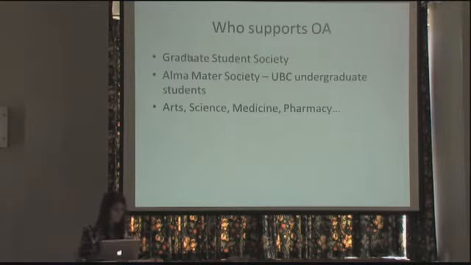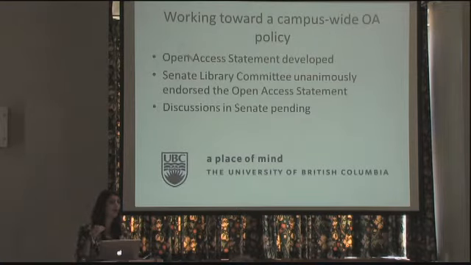Here at UBC, there's been a great deal of interest amongst students in open access, and there's been a great deal of student advocacy, some of which I've been involved in, that's led to a number of major student organizations on campus, including the Graduate Student Society, the Alma Mater Society, as well as some undergraduate student societies, pledging their support for a campus-wide open access policy.